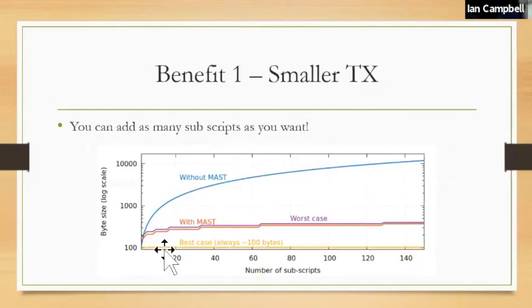But with MAST, we're either going to be sitting at this best case scenario, which is only going to be 100 bytes, and again, that's where Alice is just spending her Bitcoin, or we're going to slightly increase as we get more scripts and things get more complicated. But again, as you can see, we're never going to get anywhere near these higher byte sizes.